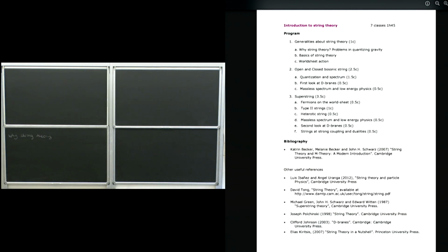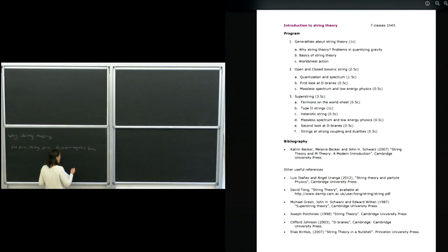So you know very well, we have four forces in nature: the weak force, the strong force, and the electromagnetic force. These are the forces that keep the atom together, the nucleus together.